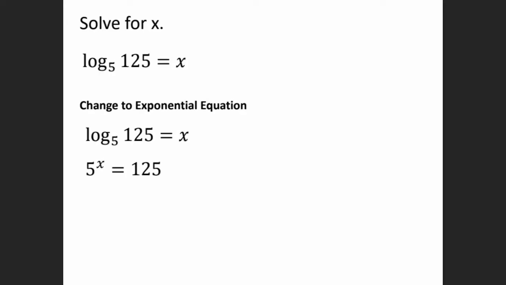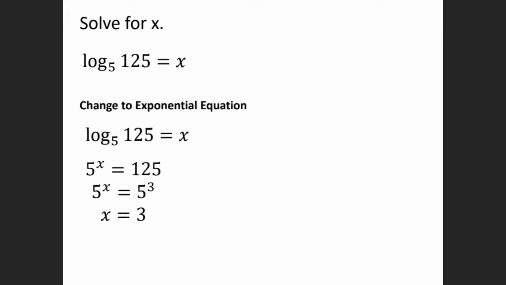The input of the log becomes the output of my exponent, and the x is the input of my exponent. So 5 to the x is equal to 125. Hopefully, we can see that I can convert the 125 to 5 cubed, so I can automatically see that it's one-to-one. So for these two expressions to be equal to each other, x must be equal to 3. Again, 5 to the third power is going to give me 125.